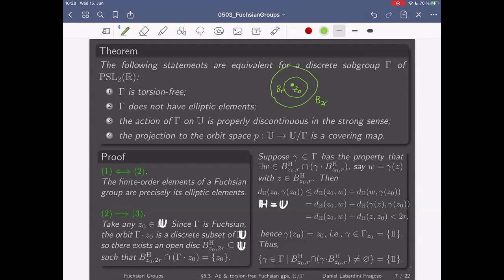Assume there is some w in the intersection, so it intersects the smaller ball and its translation by gamma.